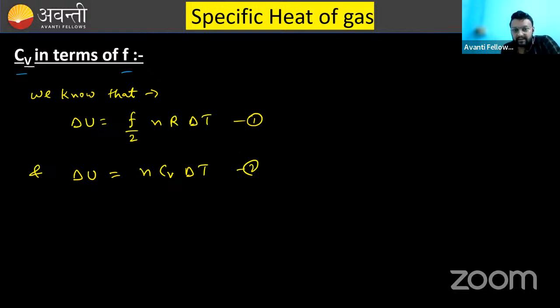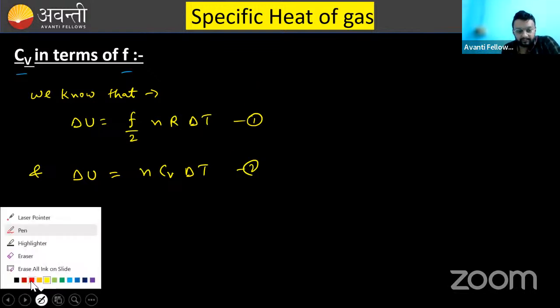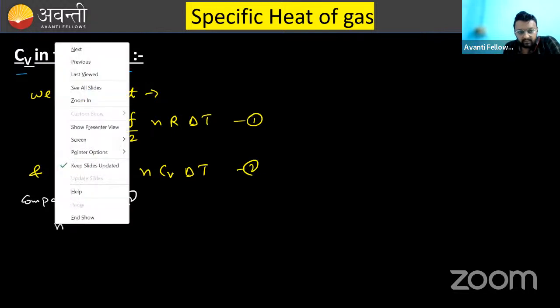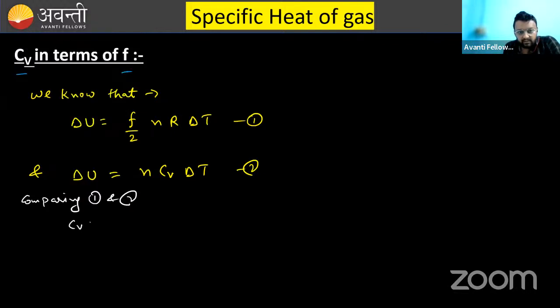So if you compare these two equations, comparing 1 and 2, what you will get: N Cv delta T is equal to F by 2 N R delta T.